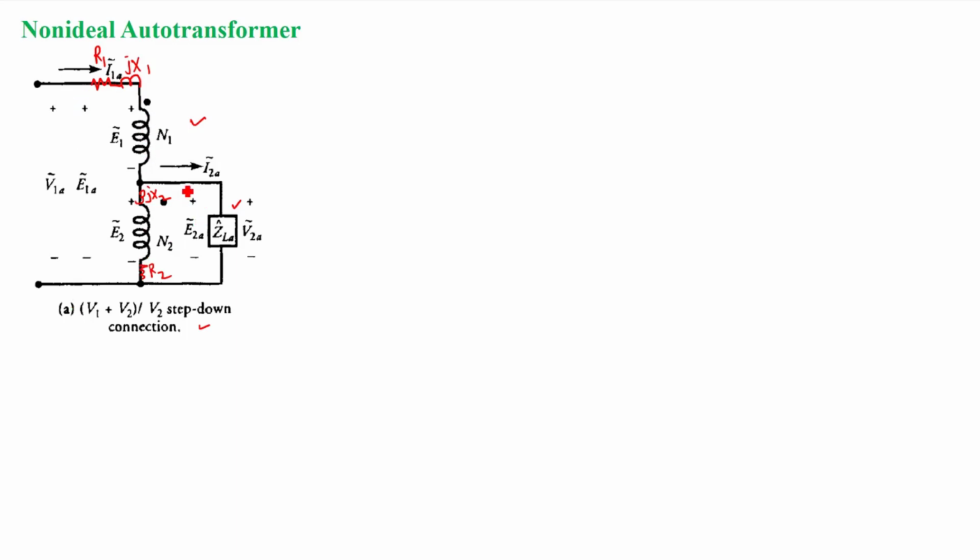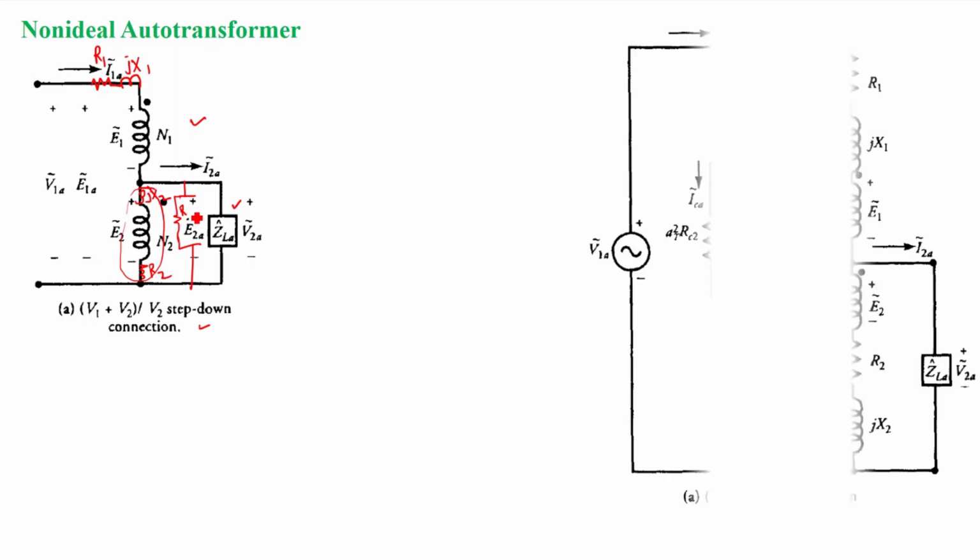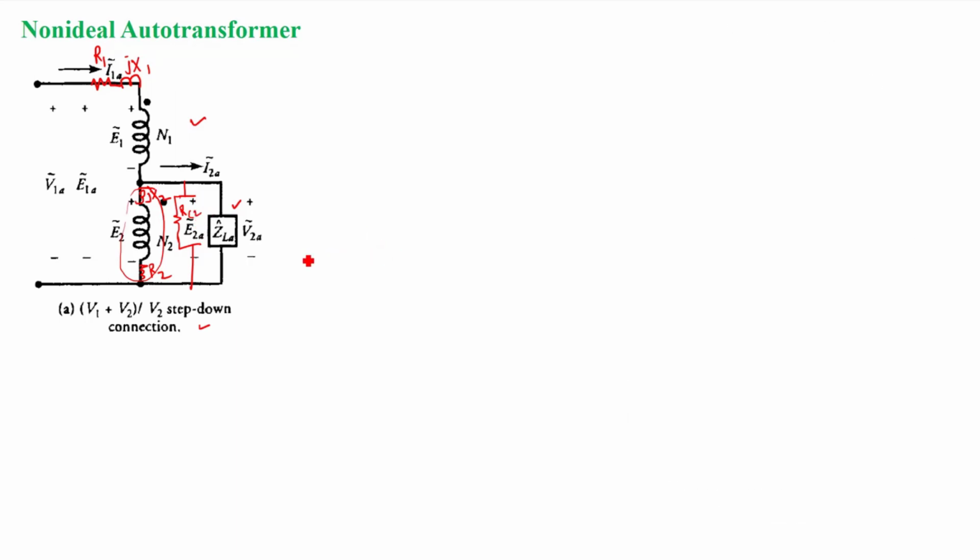Therefore I need to put it at this side, because this is a common winding, common to both input and output. Here I can put the parallel branch that represents the core loss component and the magnetizing component, so I can put here RC2 and jXM2, right? Okay, so this RC2 and XM2 represent the core loss resistance and the magnetizing reactance at the secondary side.